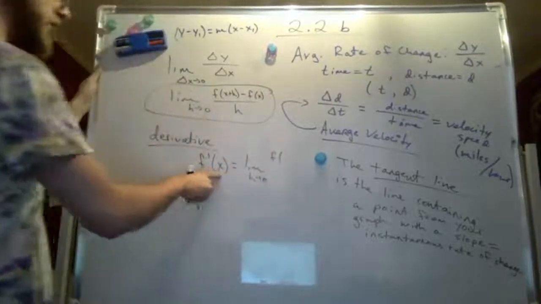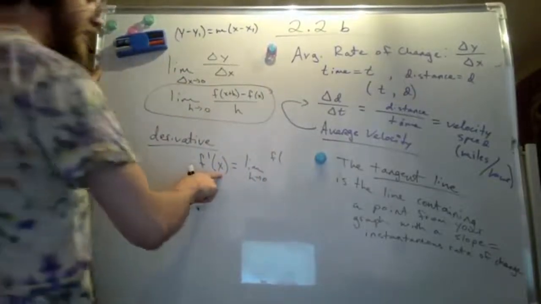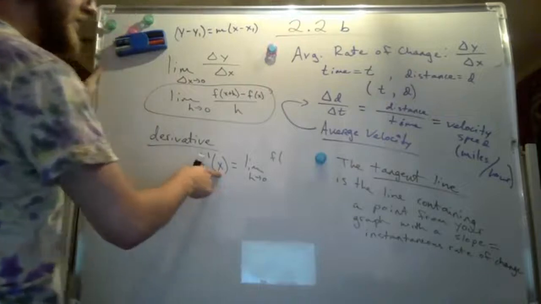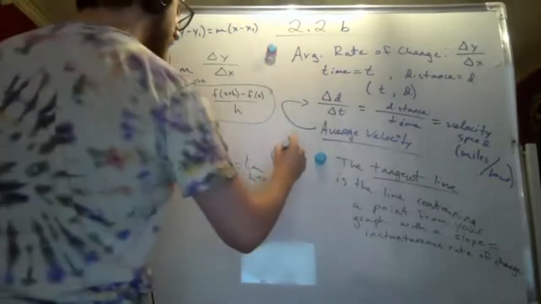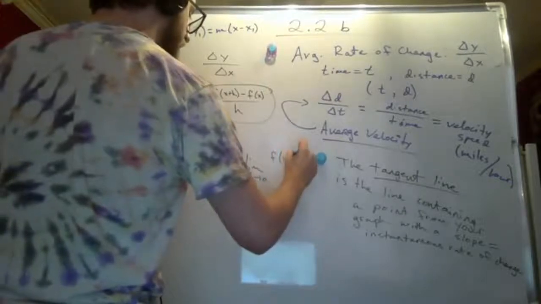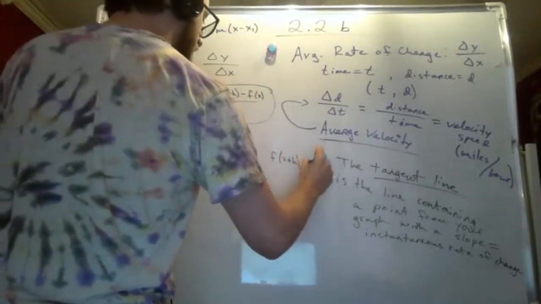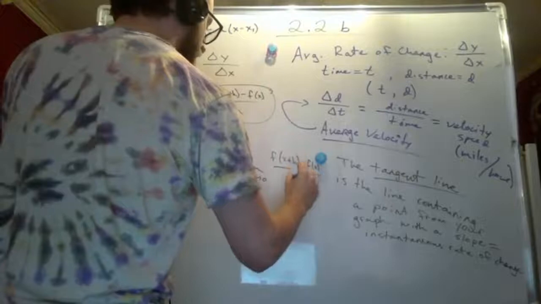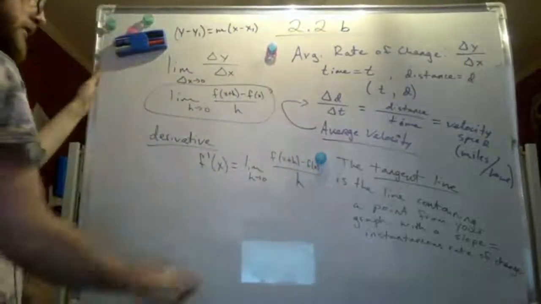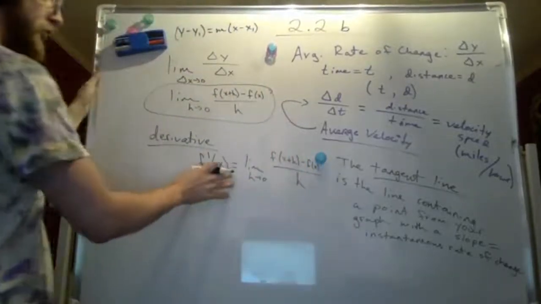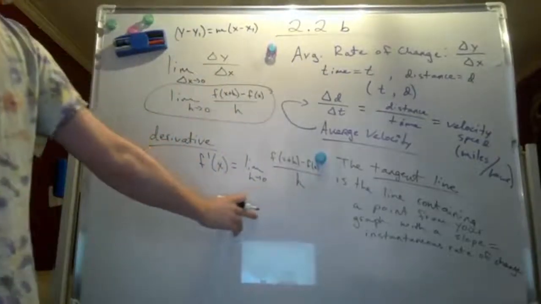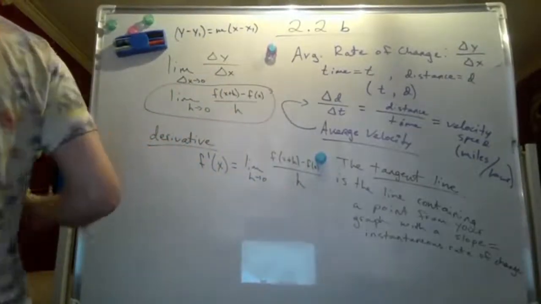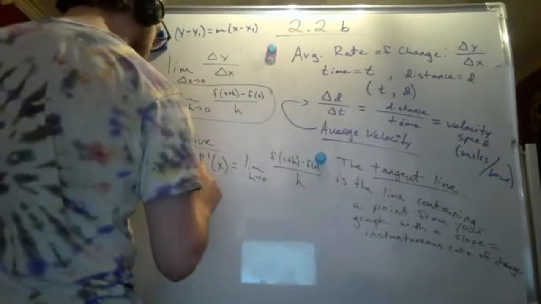For this particular x we have plugged in, whatever this x value is, we're trying to find the instantaneous rate of change, in other words, the slope at this point, divided by h. This is the definition for a derivative, the definition for the slope, the rate of change.